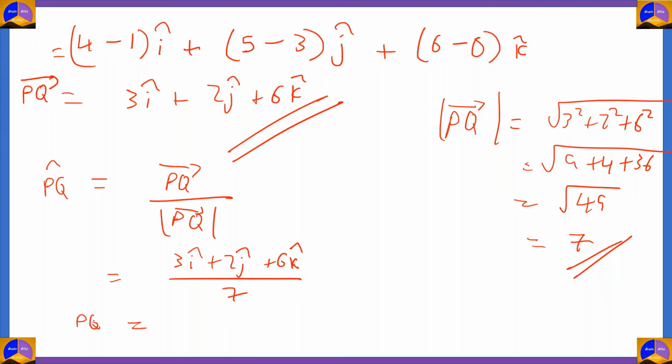So our unit vector PQ cap will be equal to 3 by 7 i plus 2 by 7 j plus 6 by 7 k. There you have it. We have our answer.